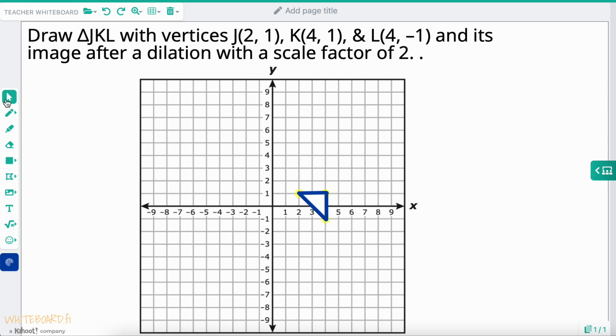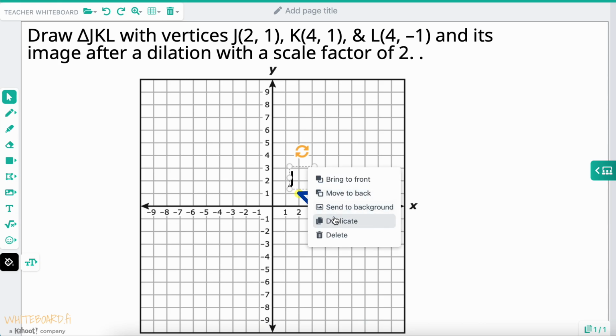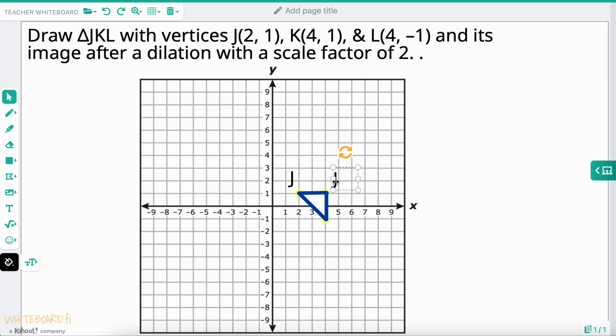All right, so now I just have to label it. We have J, which was this vertex right here. Let's duplicate that and get the other one. This was K. Let's duplicate this, and this was L. There you go.